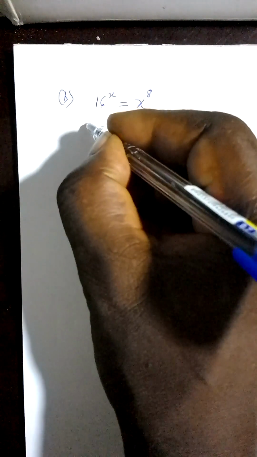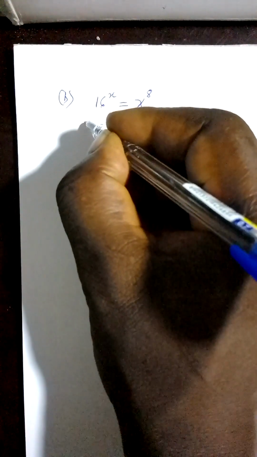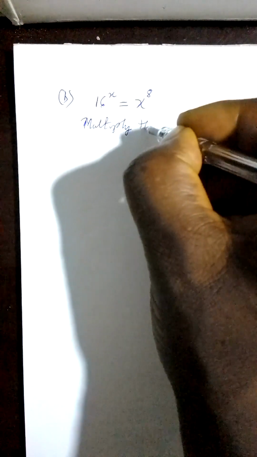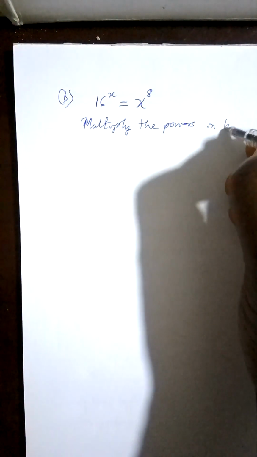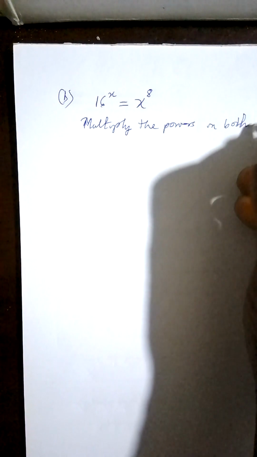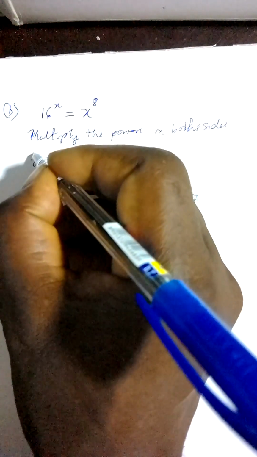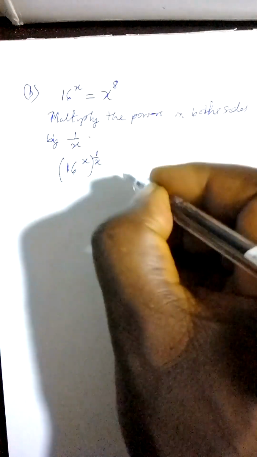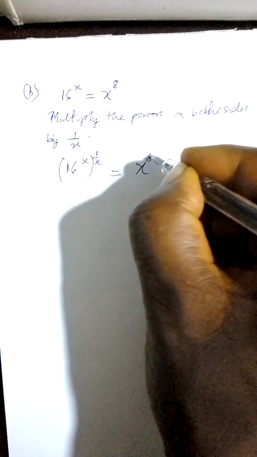So what I will do is multiply the powers on both sides by 1 over x. So the equation becomes 16 to the power of x multiplied by 1 over x equal to x to the power of 8 multiplied by 1 over x.